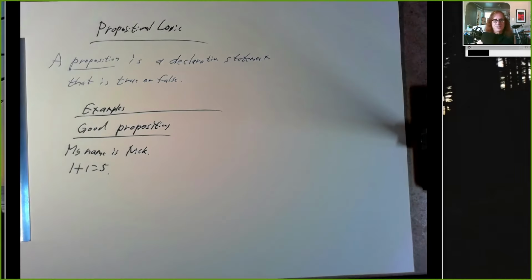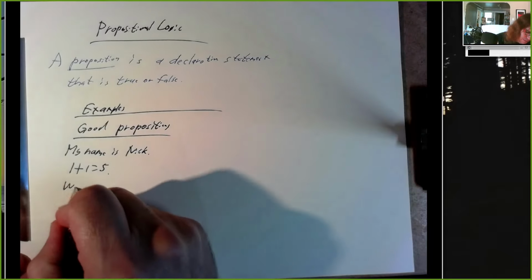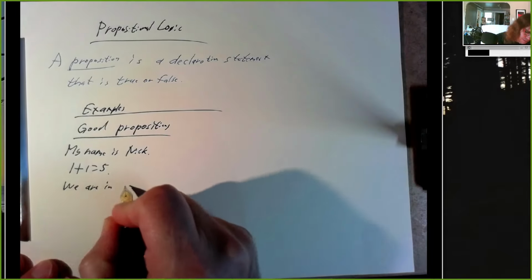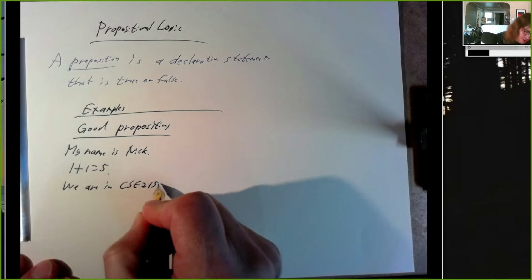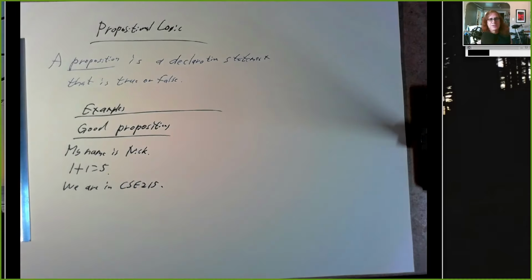That's a good proposition. It's a declarative statement. It's saying if you take 1 and add 1 to it, you get 5. It doesn't happen to be a true proposition, but it is a proposition. We are in CSE215. That's a good proposition.